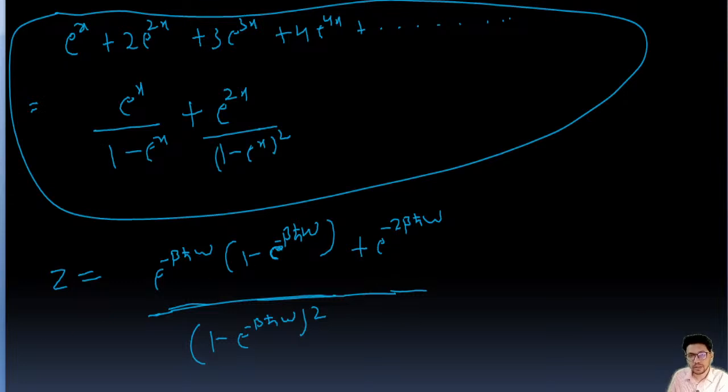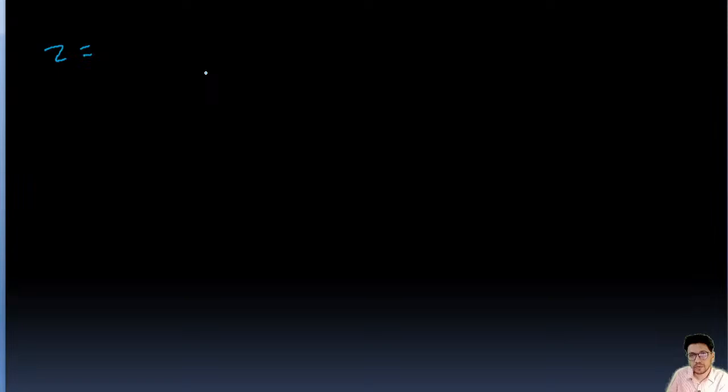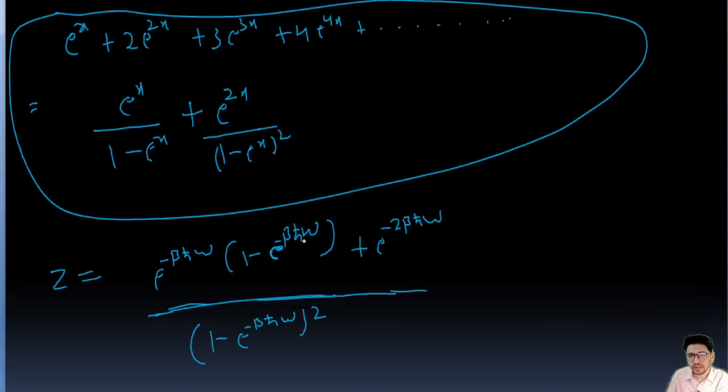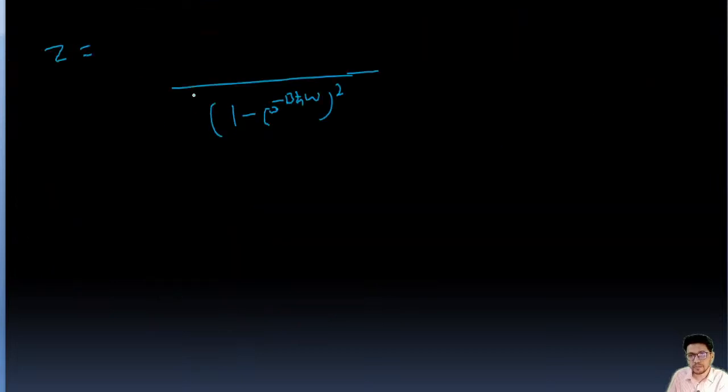It is going to be z equal to 1 minus e to the power minus beta h cut omega whole square in the denominator, and in the numerator we'll multiply this with this, so it is going to be e to the power minus beta h cut omega, minus, this will multiply this, right, e to the power minus 2 beta h cut omega, plus this one, e to the power minus 2 beta h cut omega, right?